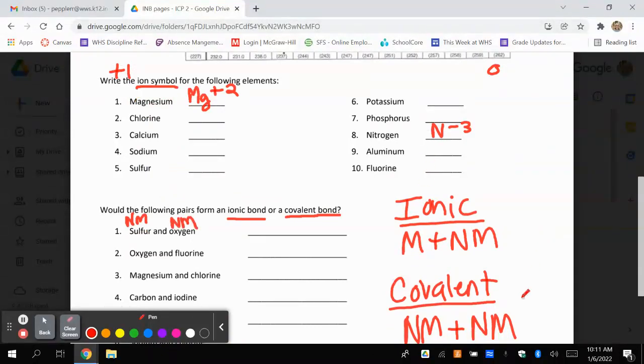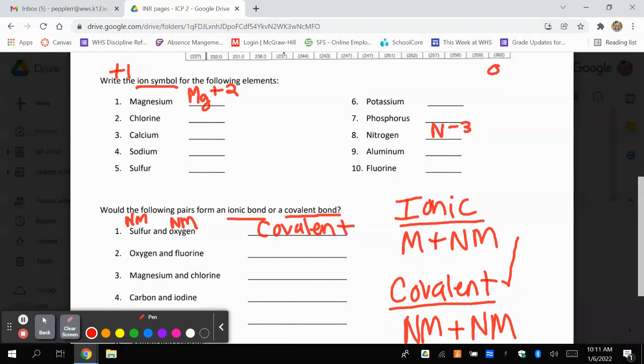A nonmetal plus a nonmetal is a covalent bond. So here, you just want to write covalent. On each of these, label the element as either a metal or a nonmetal, and then on the line, write ionic or covalent based on what type of bond it is.